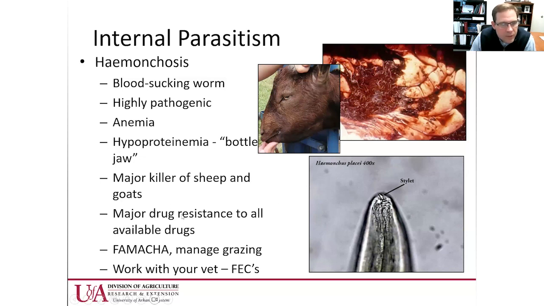The other big issue here is that we have major drug resistance, right? So there's some drugs that just don't seem to be effective at all anymore. I've not had much luck with things like Safeguard or ivermectin. If we do have drugs that work, and I'm not saying that they always will, because I've seen some flocks that just have resistance.